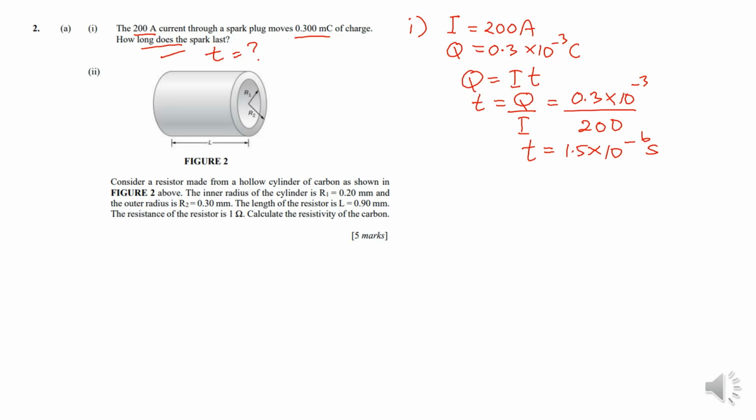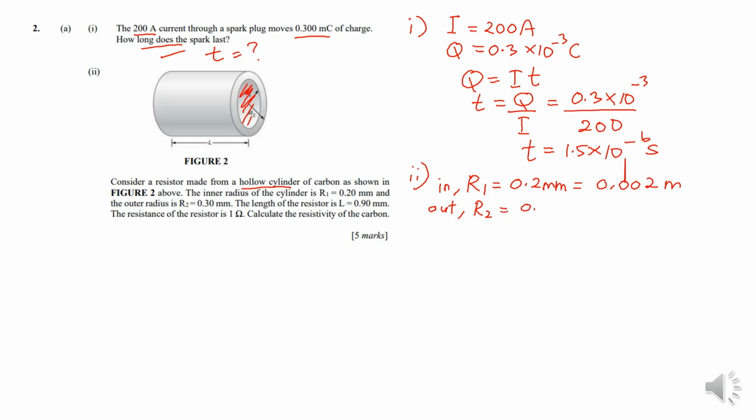Okay, number 2. Consider a resistor made from a hollow cylinder. Hollow so means tengah ni kosong lah, of carbon as shown in figure 2 above. The inner radius is R1, 0.2 millimeter ataupun 0.002 meter.